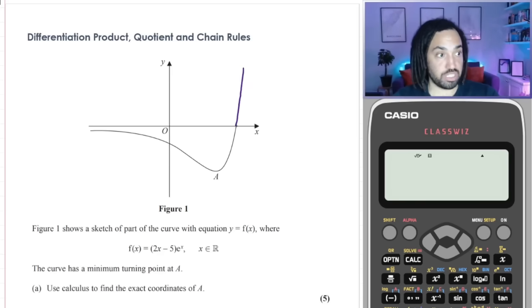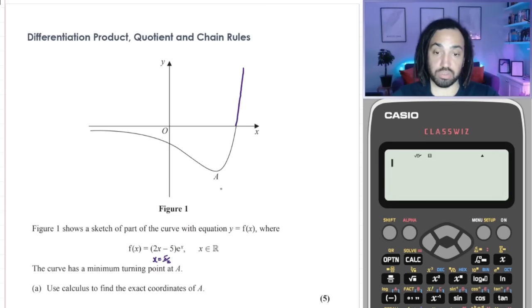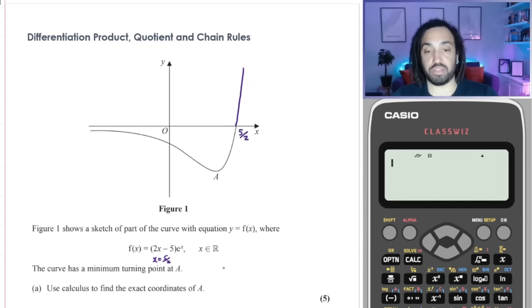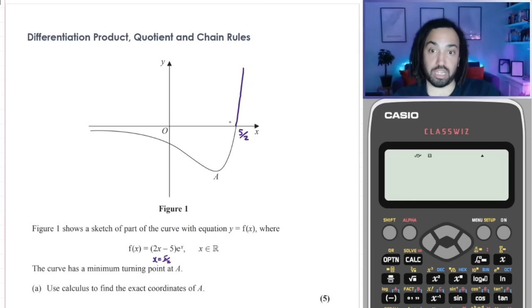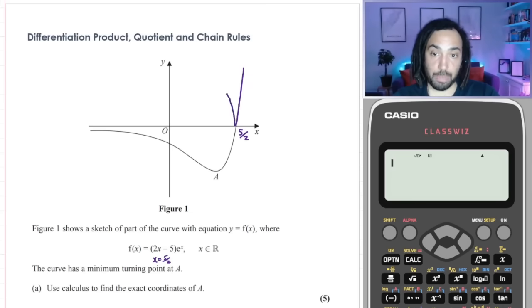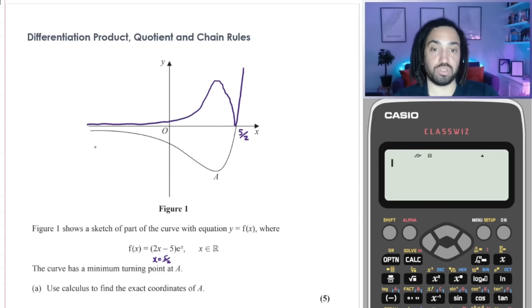And this crosses the x-axis when this function is equal to 0. e to the x can't equal 0, so x is equal to 5 over 2 is where that is 0. And then the bits below the axis get flipped up and reflected. So it's just going to be a perfect reflection like so. It was really quite hard for me to draw on the graph, but I think that's pretty good. Yeah, I'll take that.